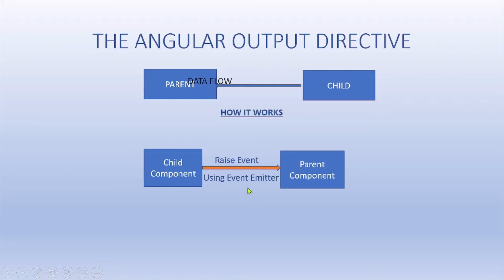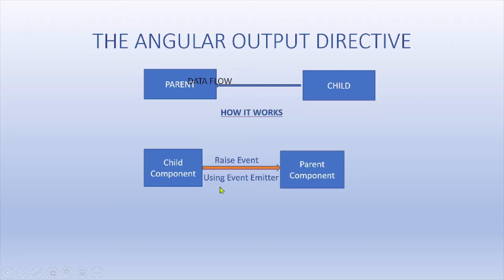Now we've learned about Angular event binding, and we've seen it at work, specifically using the click event. We know that with the click event, when the user clicks on a button, for example, an event is raised, which triggers the execution of a function.